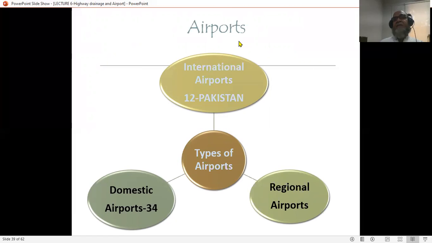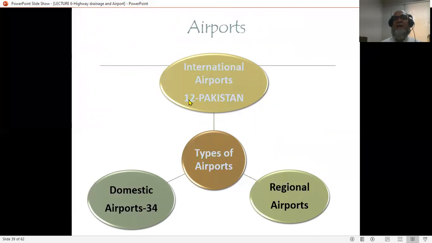Now, the general classification of airports. Airports can be classified into three categories: international airport, domestic airport, and regional airports. So we have 12 airports that can be categorized as international airports.